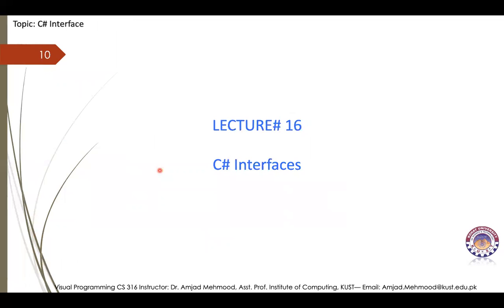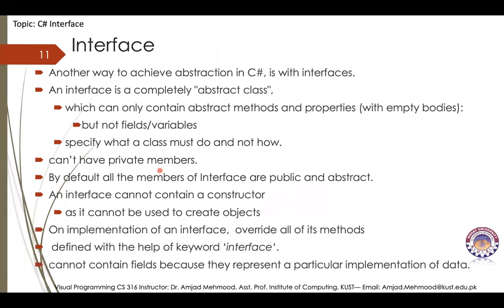Now come to lecture number 16, interfaces. Before starting this lecture, I want to say that this is also an extension of the topic which we have covered in our previous lecture, abstraction. You may call it part of abstraction.